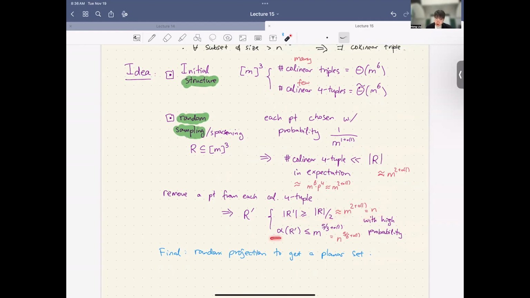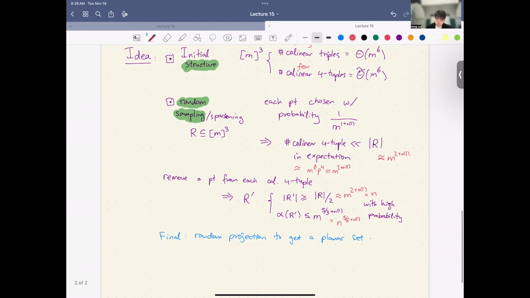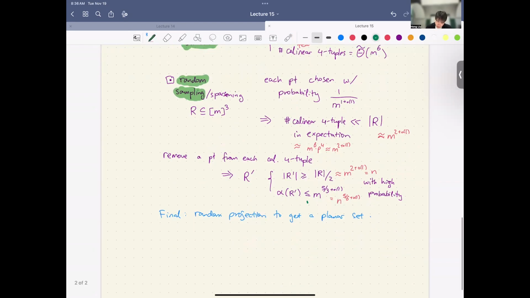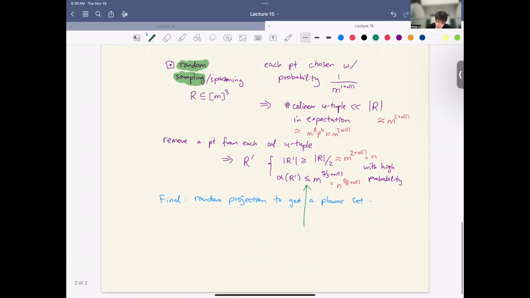And in the final part, we have to show that no matter how we choose a set of size m to the 5/3 plus some error term, we will see a collinear triple. This is the part where we use containers.